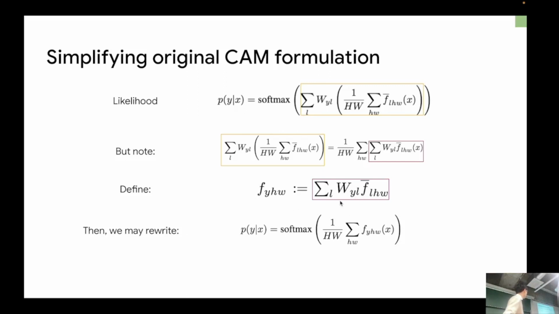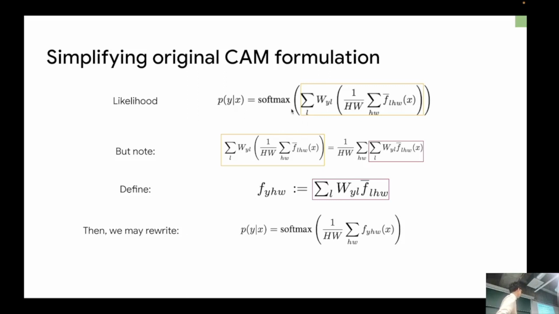And if you write it this way, then what you have is this kind of feature map, and you just do global average pooling, and then softmax. So this is a nice formulation where you have the feature map followed by global average pooling, and then you do softmax.